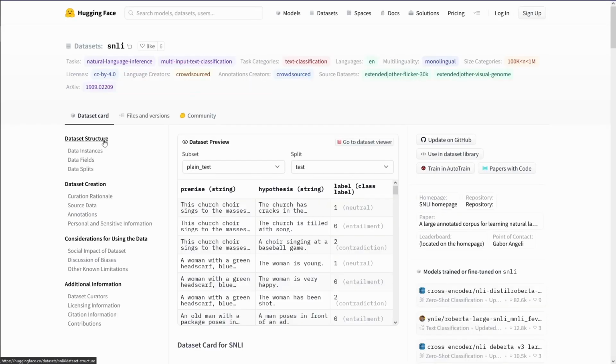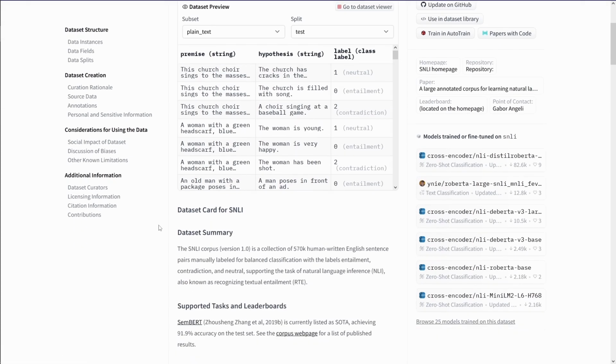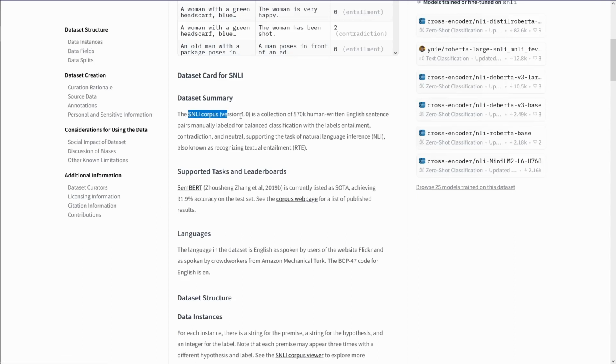Ah, here we go. Here we have the HuggingFace dataset SNLI. And you just check it out. The SNLI corpus is a collection of 570,000 human-written English sentence pairs, manually labeled for a balanced classification with 3 labels: entailment, yes, the sentences belong together, contradiction, sentences contradict each other, and neutral.